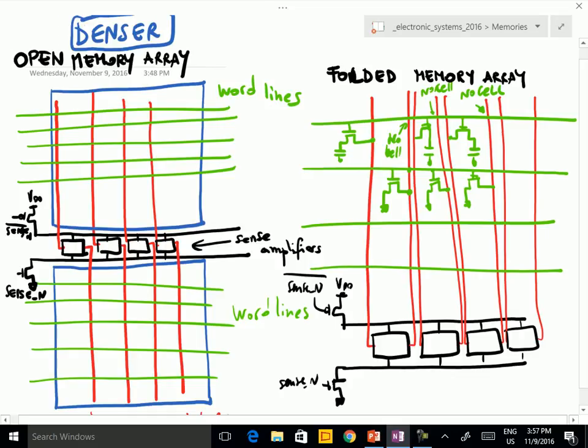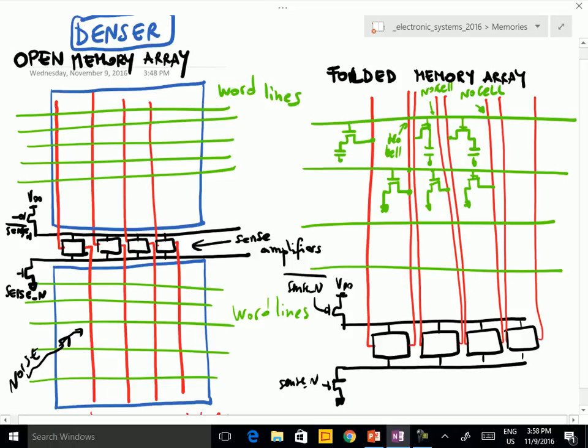In this case, the open memory array is more sensitive because, for example, if I have some noise here in this region, and I compare the value of the voltage on this bit line and on the other bit line, then I can make a wrong comparison because this noise can affect the value of the voltage on the bit line which is in the bottom part of the memory. So I make an error in the reading of the information on the memory cell.